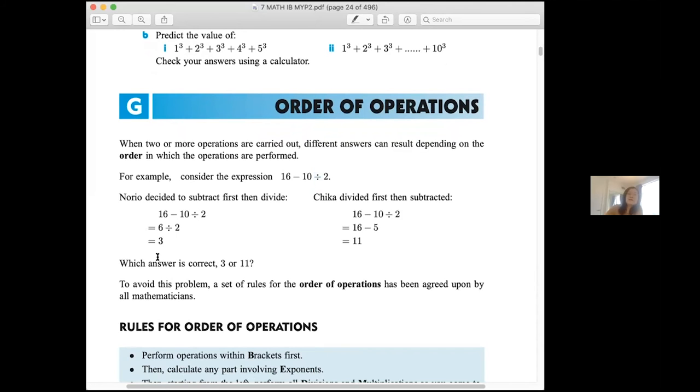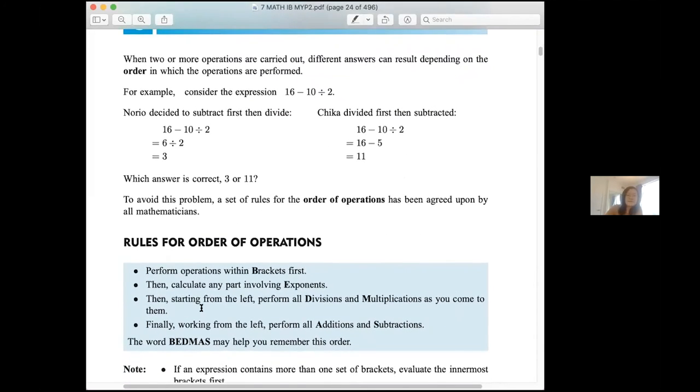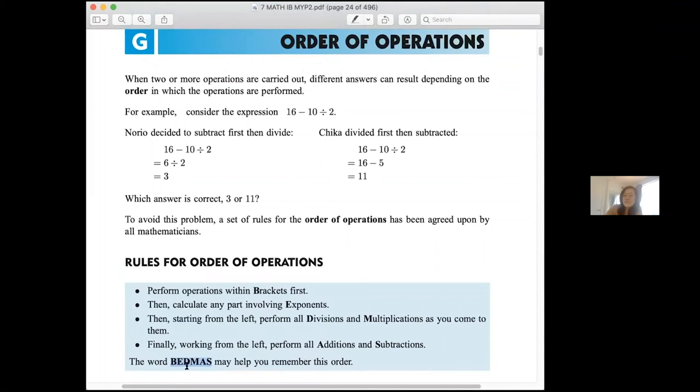So here's the basic rule. We call it BEDMAS, B-E-D-M-A-S. B stands for bracket, E for exponents, D and M for division and multiplication, and A and S for addition and subtraction. We're going to follow these rules to do our operations. We solve the bracket first, then we do the exponents.